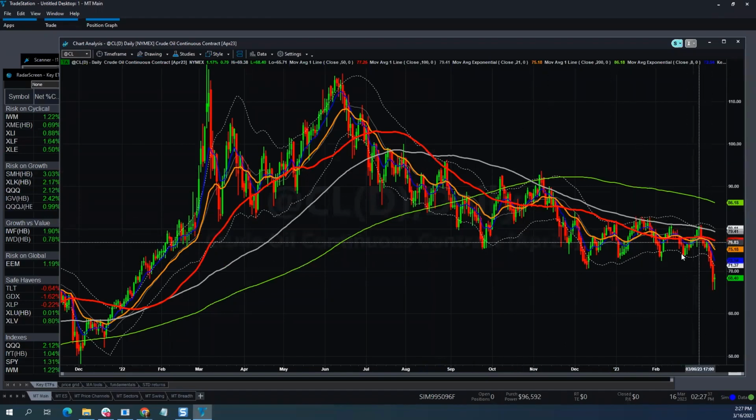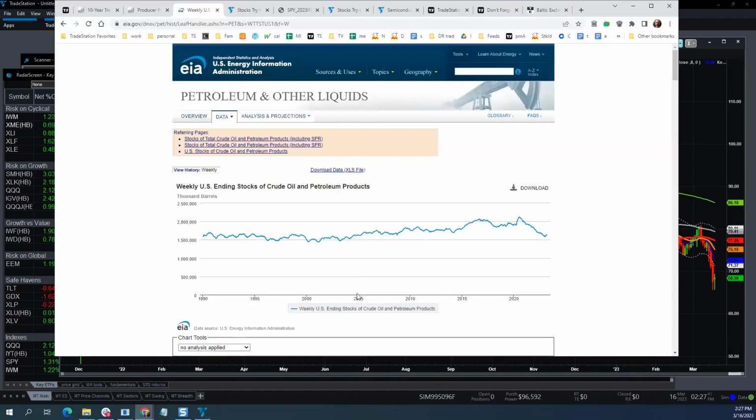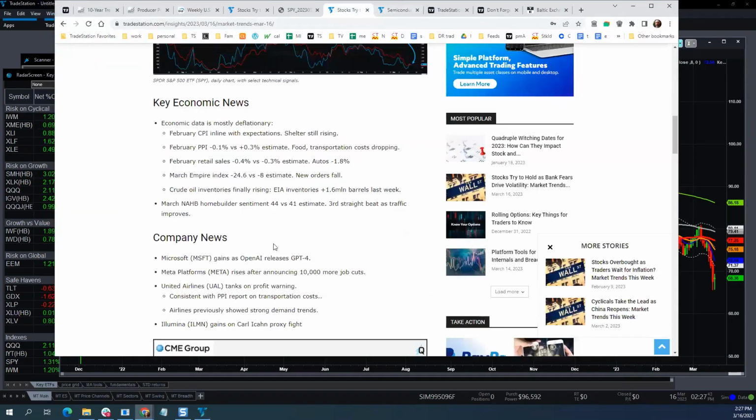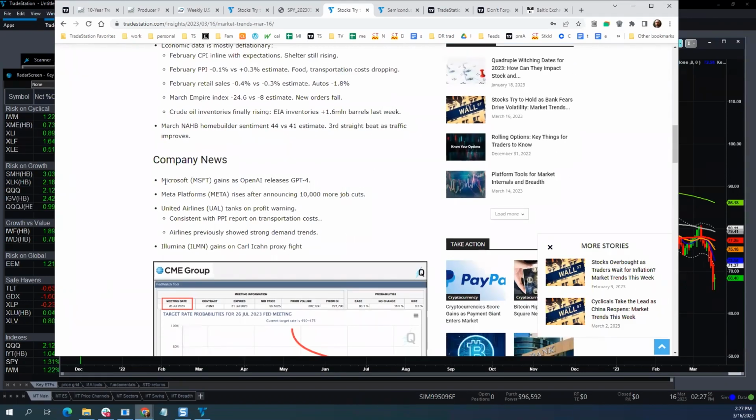This is now a kind of sideways chart. We continue to see the inflationary narrative coming undone, and I think that is important for growth stocks, for NASDAQ, for chips, for Apple, for Qs, for the software companies.